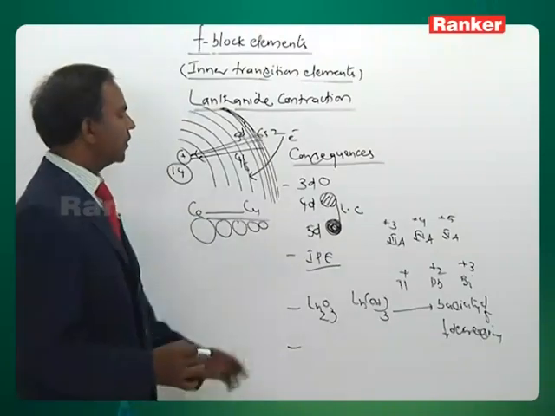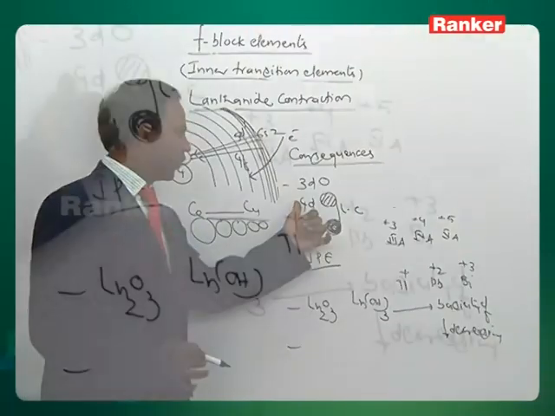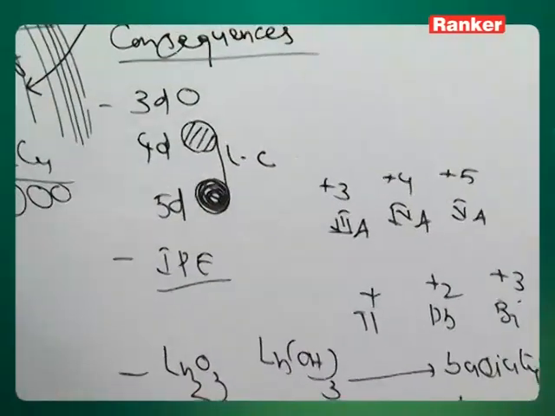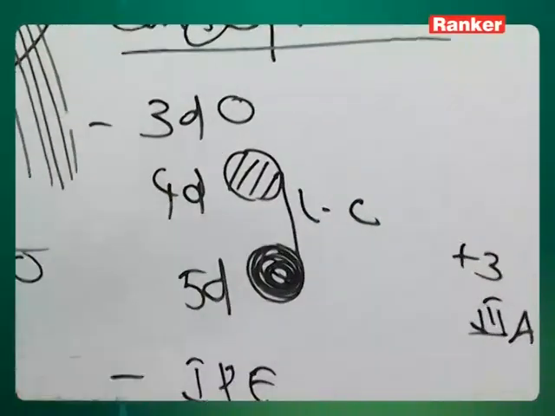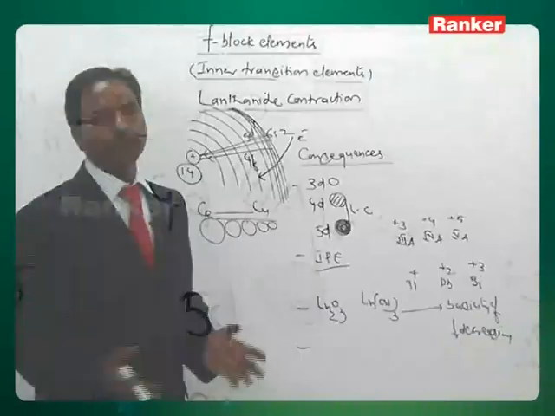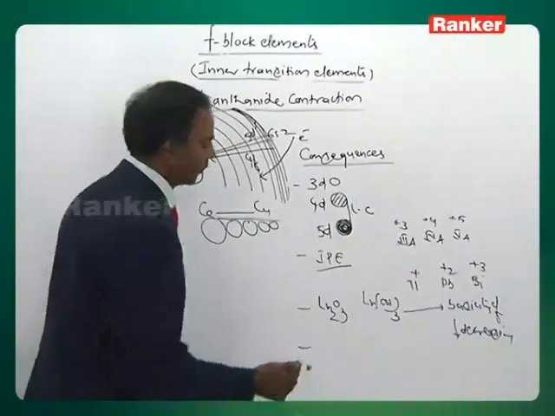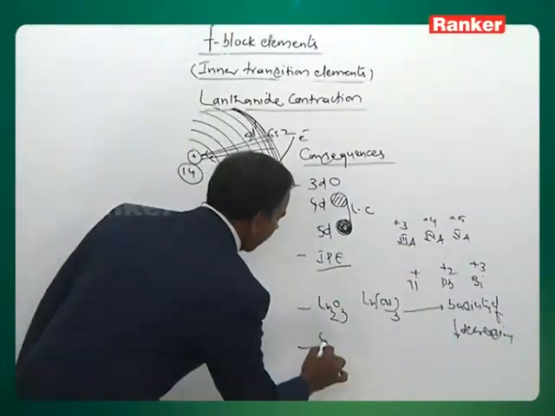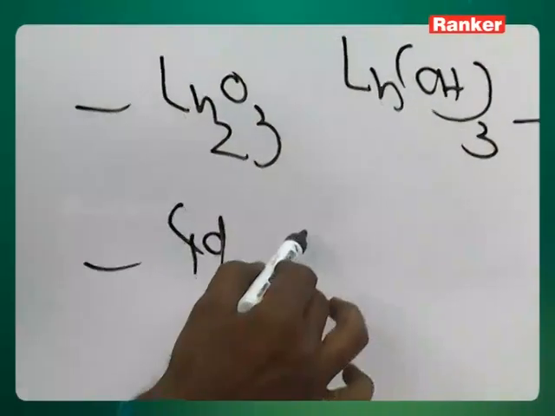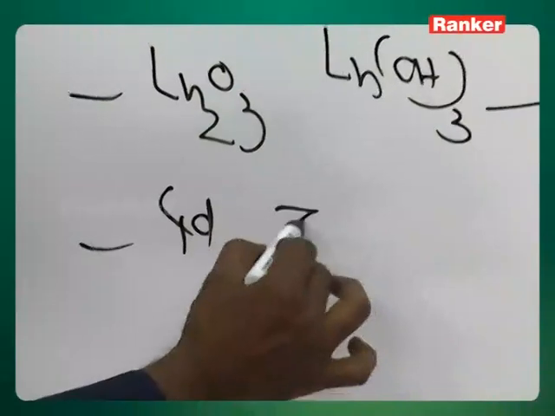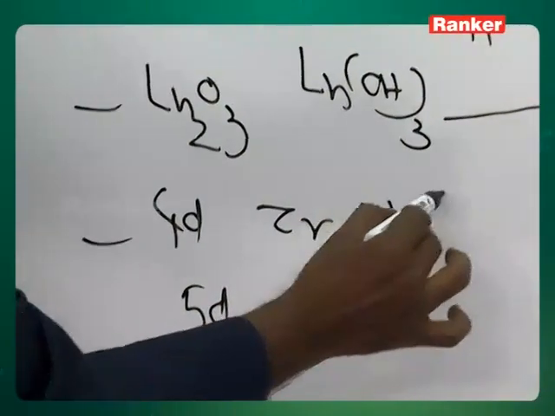Next, once we conclude that 4d and 5d elements have more or less the same size, then most of the 4d and 5d elements are available in the same mineral and they show many similarities. Consider 4d elements, for example zirconium, niobium, molybdenum.